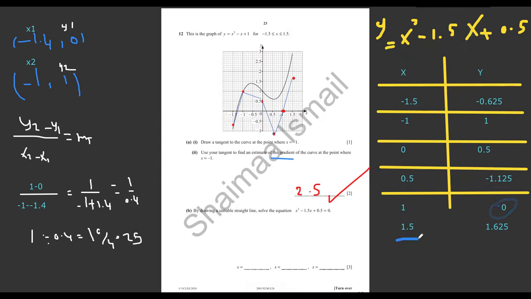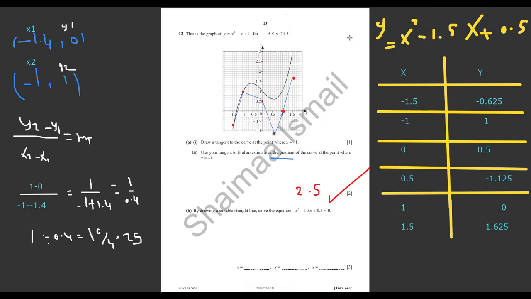When you put 1.5 instead of x, 1.5 cubed minus 1.5 multiplied by 1.5 plus 0.5 gives you a final answer of 1.625, which is above 1.5 by 1 1/4 square.